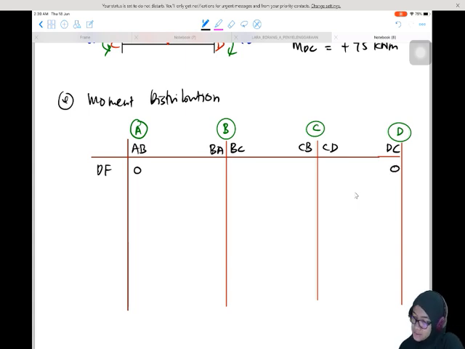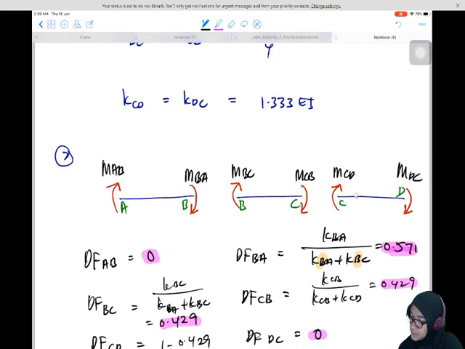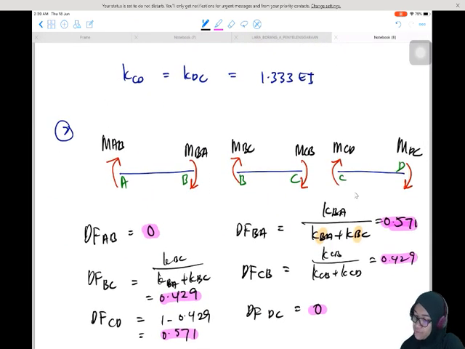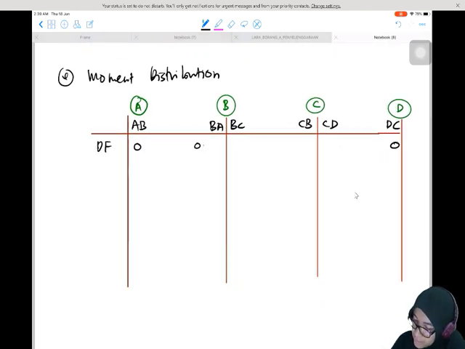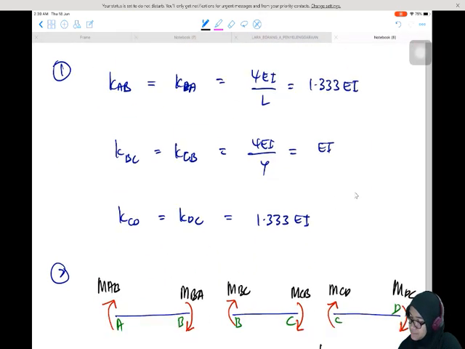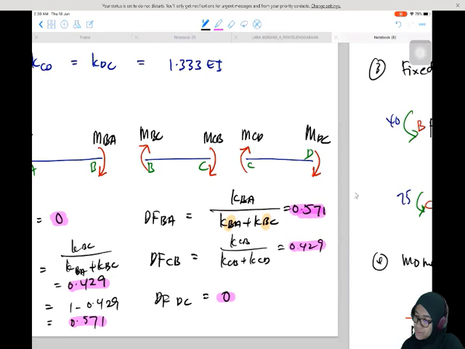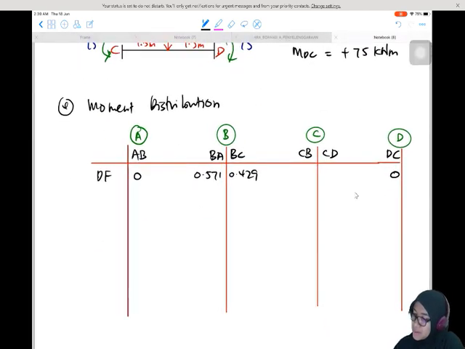Okay, it is 0.571, 0.571, 0.429. Okay, this is 0.429, 0.571.